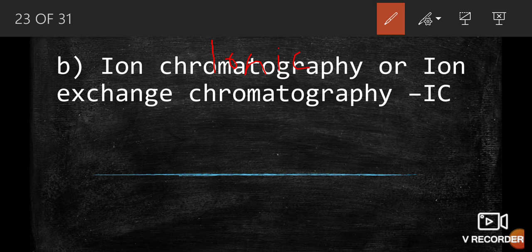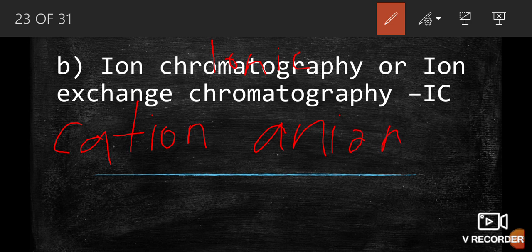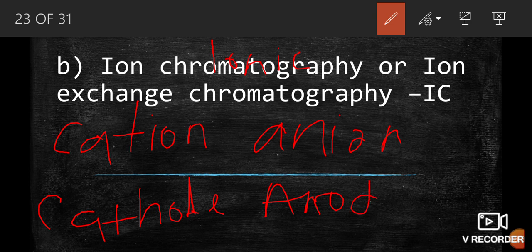There are two types of ion exchangers. Just to recap, you have the cation and the anion, and then you have the cathode and the anode. A simple way to not get confused is that the cation has a plus sign in it.